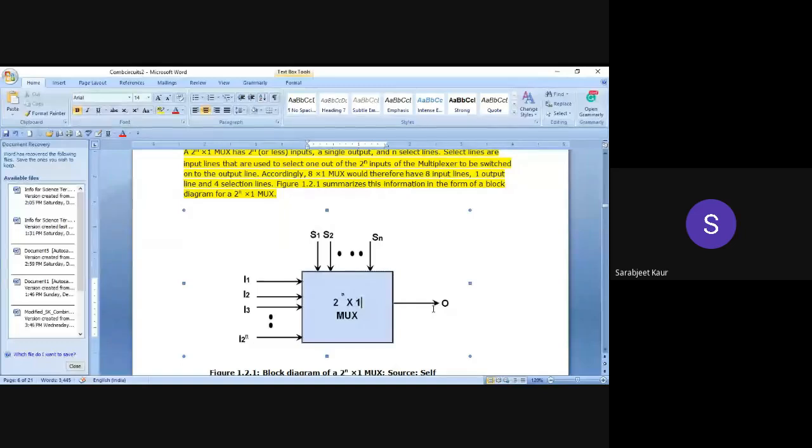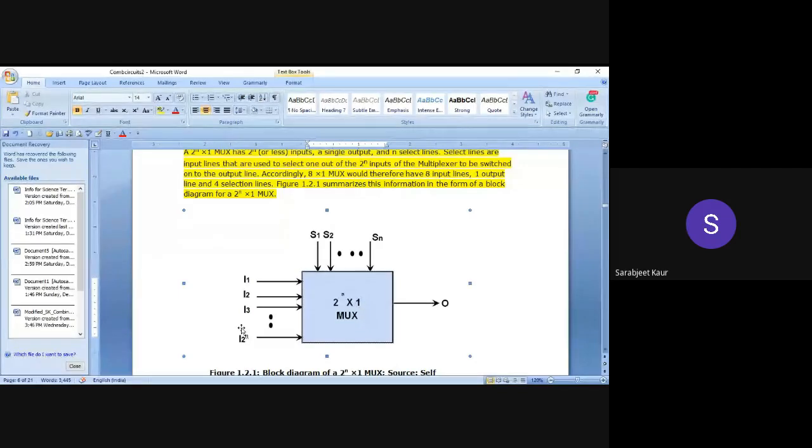See, we have already discussed that in order to identify one of the 2 raised to the power of n things uniquely, those things may be the input lines, as in this case, or they may be the address locations, as we had discussed at the time when we discussed RAM.